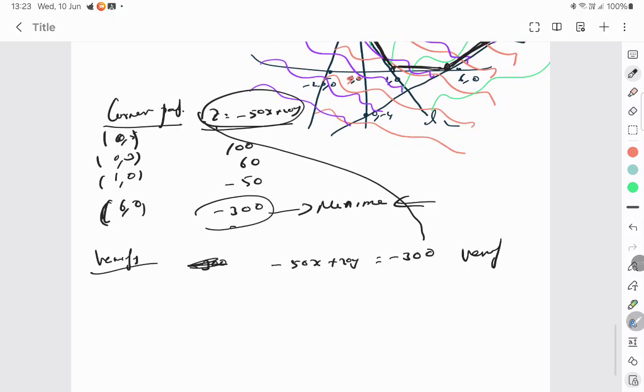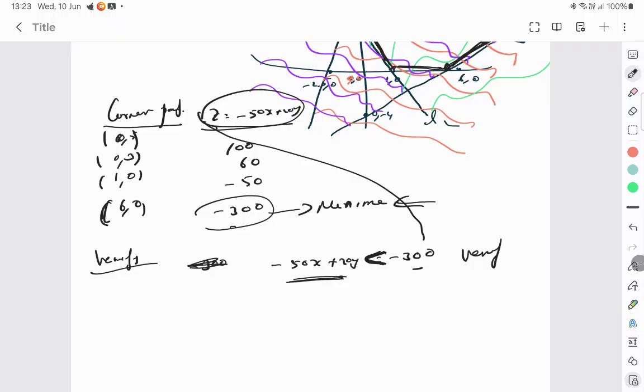To verify, you write minus 300 on the right side and put an inequality symbol like this. Minimum means the expression should be more than that, so the equation is lesser and this value is your minimum. This is the way you should put it to see if this is minimum.